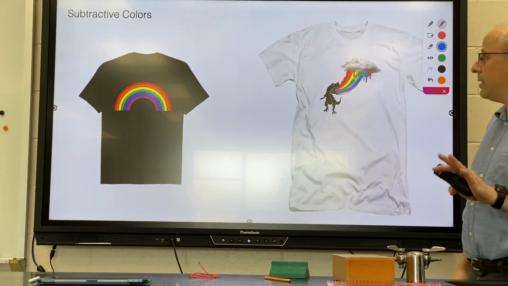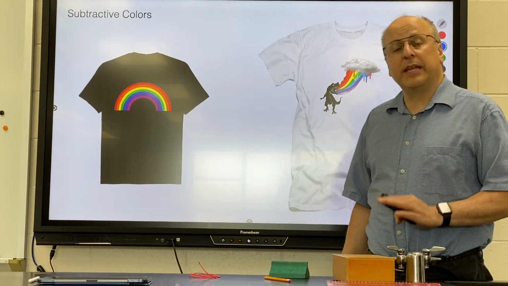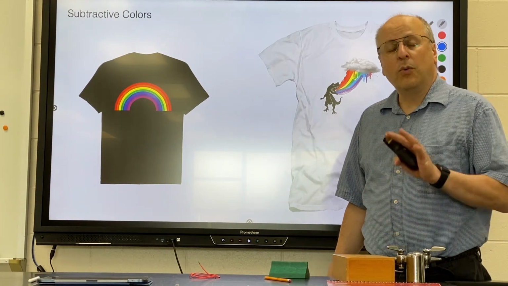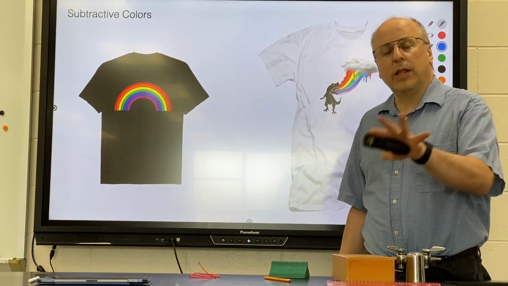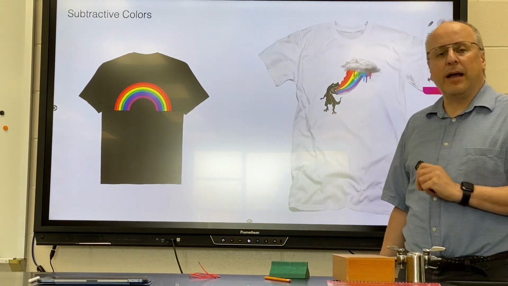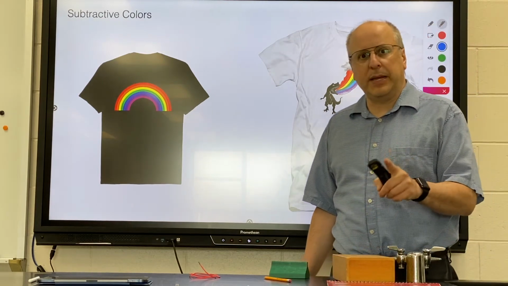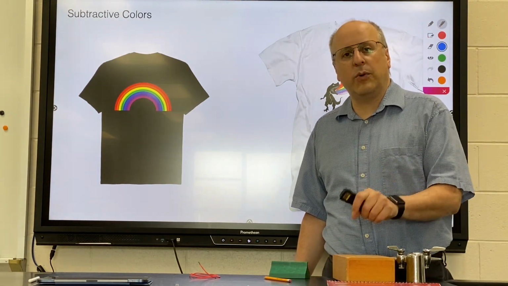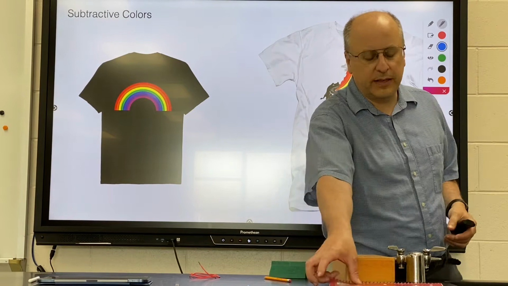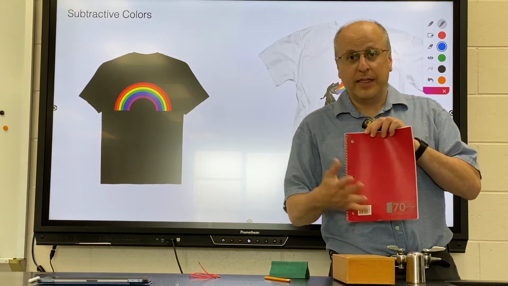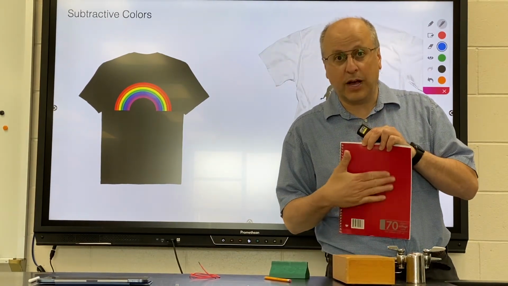I want to now take a step back and make sure you understand that everything we talked about was adding light to light. Many times we're going to have objects that instead of being light are actually taking away light. So when you have things like this red notebook, this is not producing its own color.